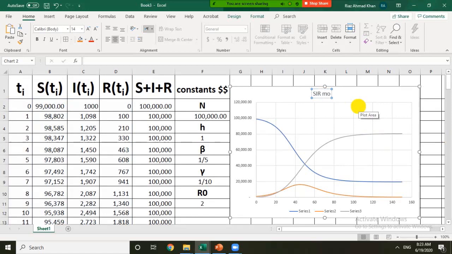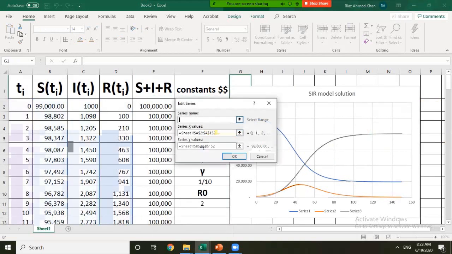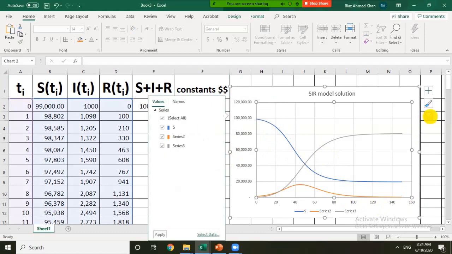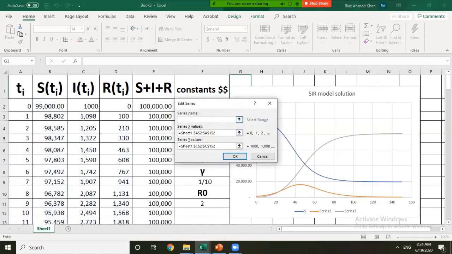SIR model solution. Series 1 is, for example, susceptible, and series 2 is infected population.